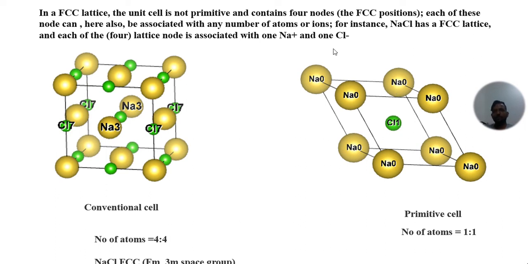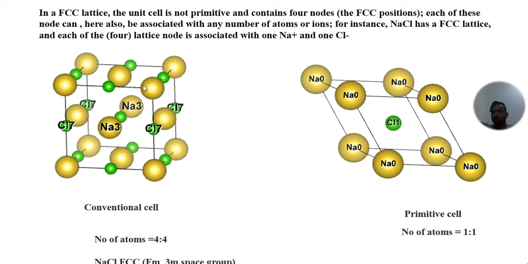In more formal language, in an FCC lattice, the unit cell is not primitive and contains 4 nodes, and each of these nodes can be associated with any number of atoms or ions. In NaCl, it has an FCC lattice, and for this kind of system, it has 4 nodes.